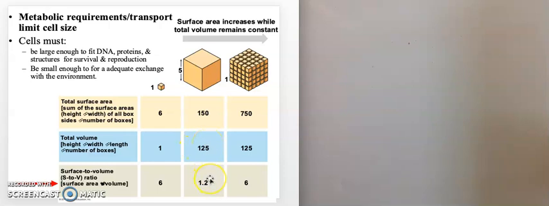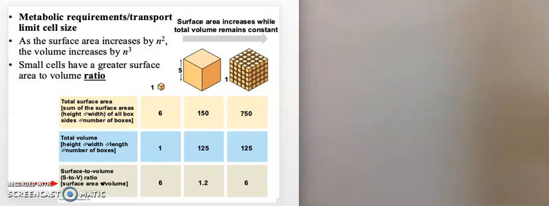And so now the surface area to volume ratio is only 1.2, compared to 6 surface area units per volume when it was a small cube. So organisms have very small cells to solve this problem. Small cells will have a high surface area to volume ratio, which allows for sufficient nutrients to get in and sufficient waste to get out.